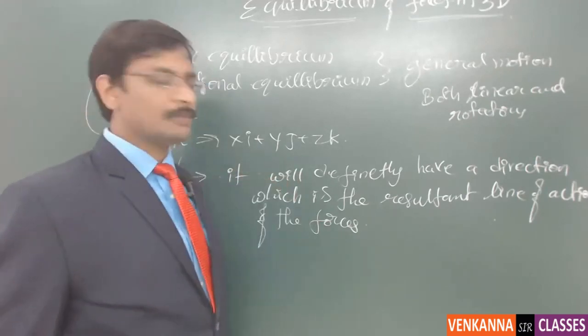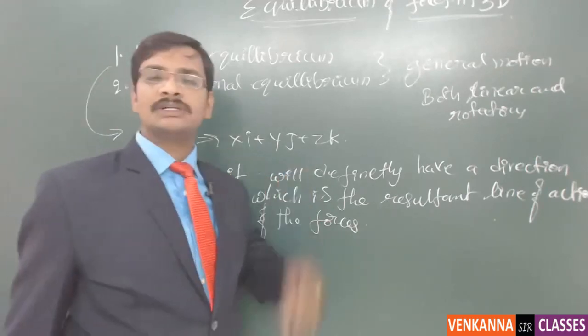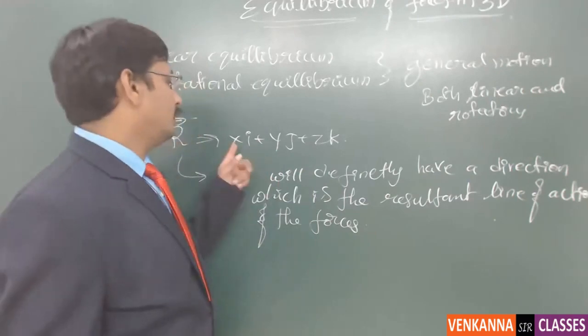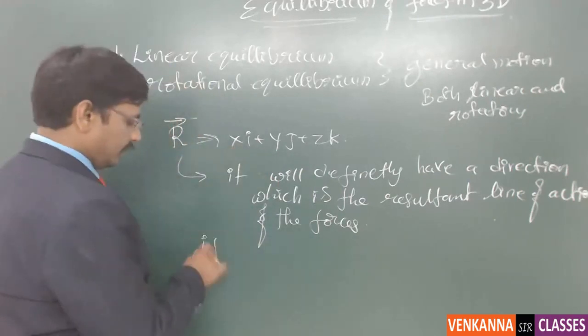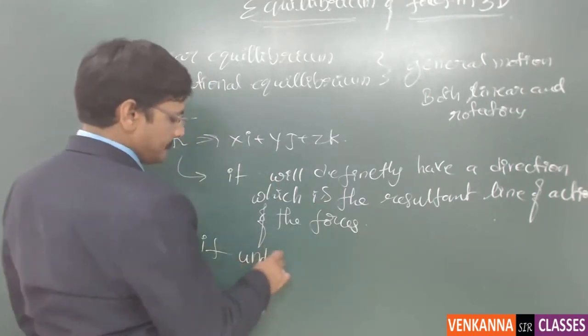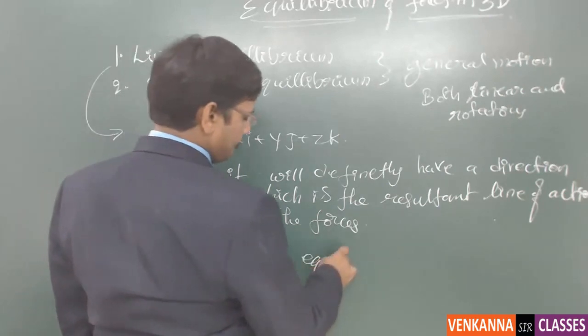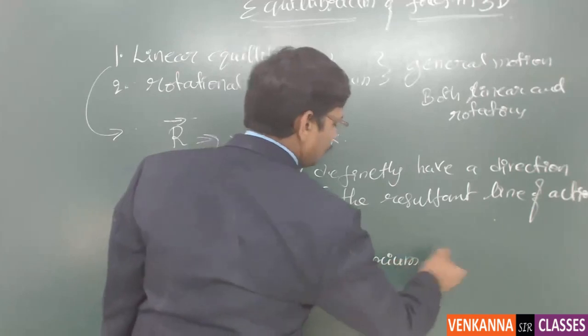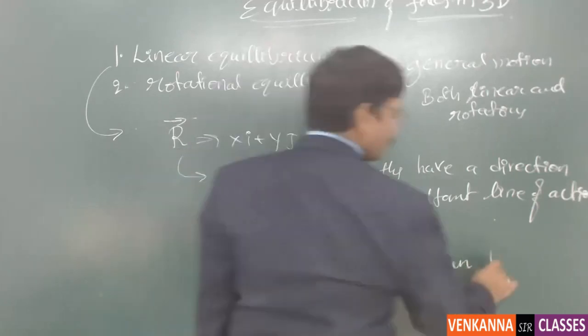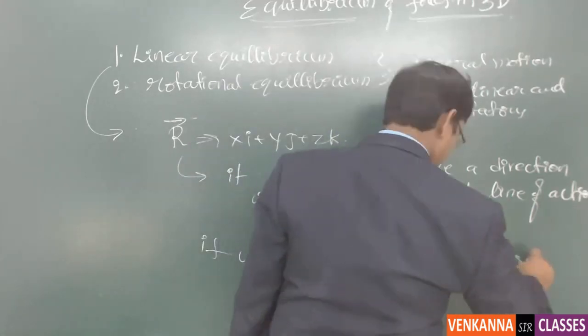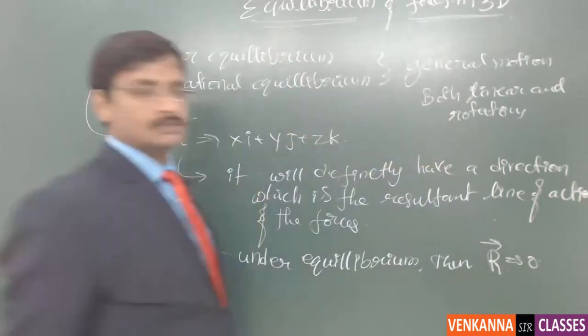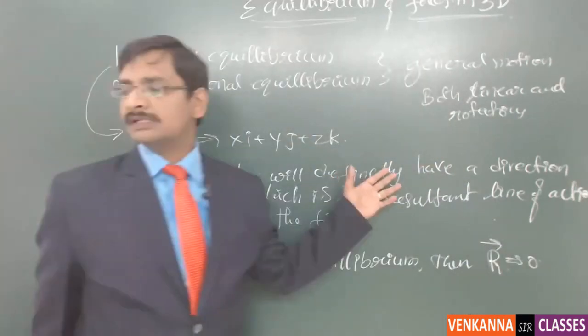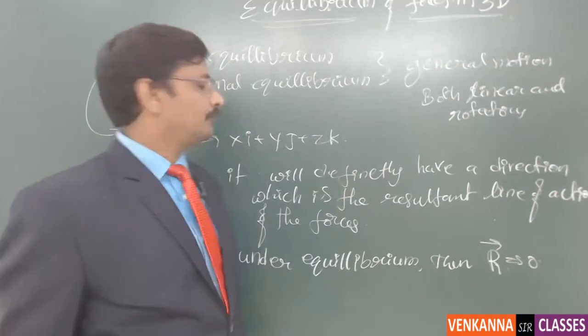If the body is under equilibrium condition, this has to result in a null vector. So under equilibrium, R has to be equal to 0. No resultant force, hence this line of action is nothing but a null vector.